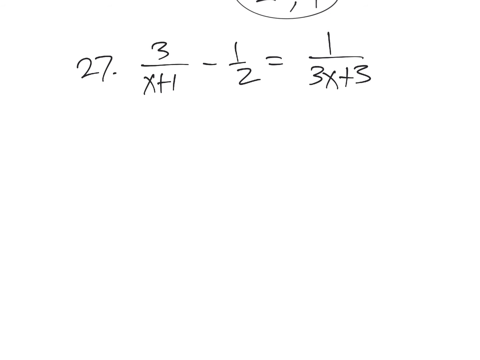How did you do it? I mean, did you multiply everything by a common denominator, or did you add and subtract fractions by getting a common denominator? I multiplied all those numbers by the denominator. Okay, so you multiplied x plus 1 by what?